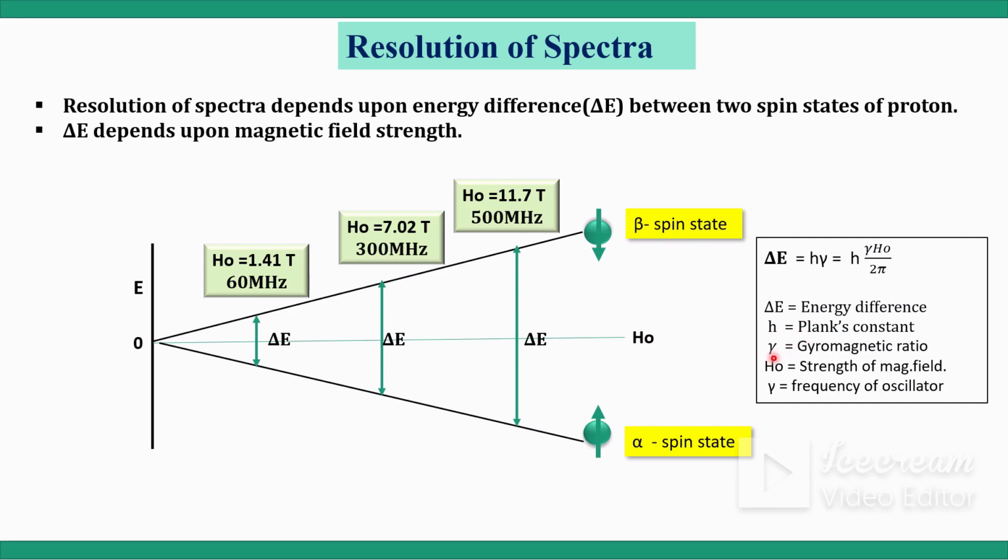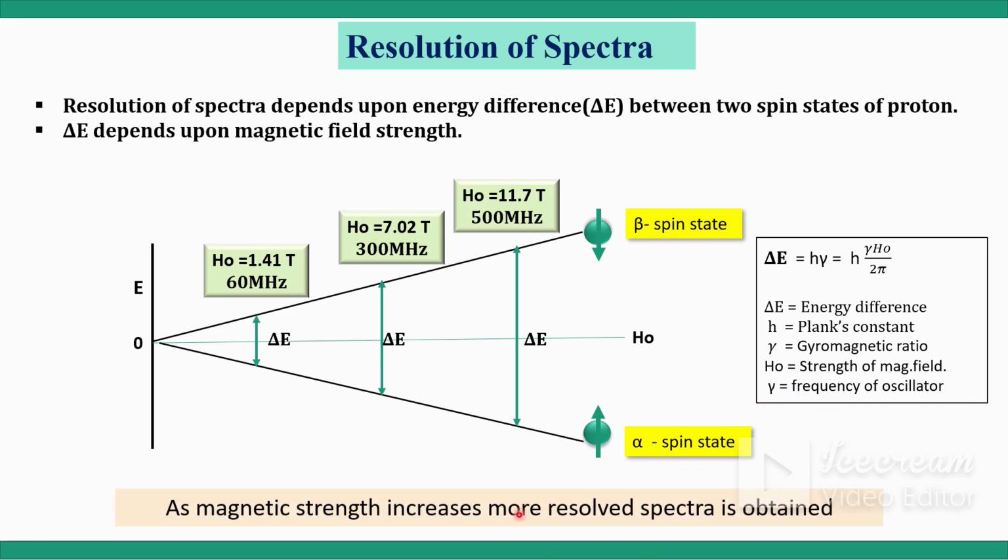Gamma is the gyromagnetic ratio. H0 is the strength of applied magnetic field, and nu is the frequency of oscillator, that is frequency of irradiated light. As magnetic field strength increases, the more resolved spectra is obtained.